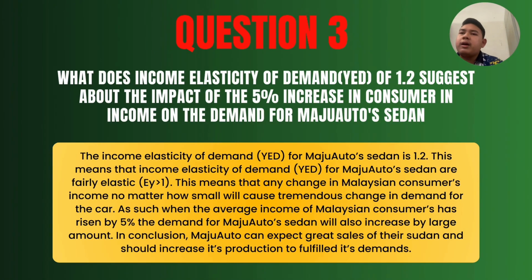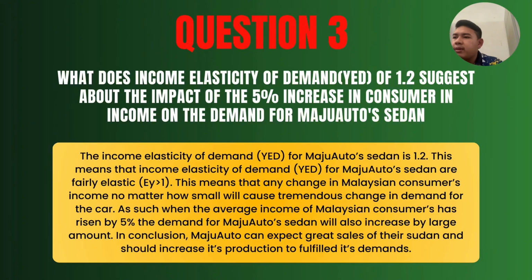Okay, for question number 2, it asks, what does an income elasticity of demand of 1.2 suggest about the impact of the 5% increase in consumer income on the demand for Major Auto sedans?